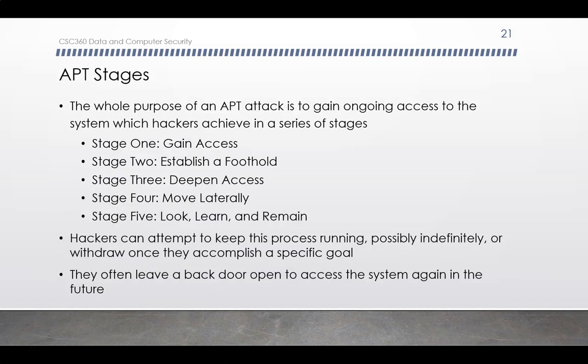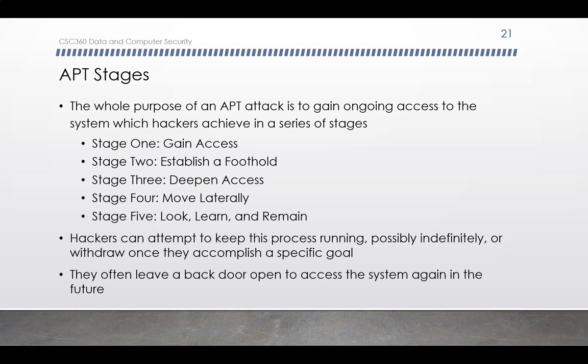So how does an APT attack proceed? What are the stages? The whole purpose of an attack is to gain ongoing access to the system. Hackers achieve this goal not in one attempt, but in a series of stages. These stages would be to initially gain access, establish a foothold, deepen access, move laterally within the system, look, learn, and remain.